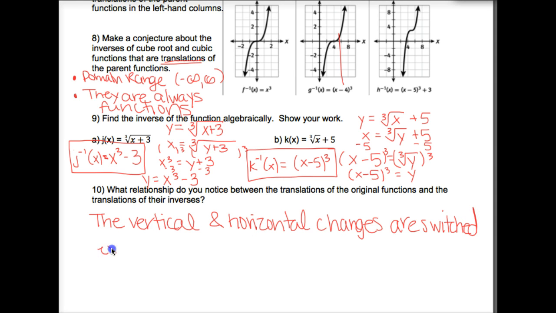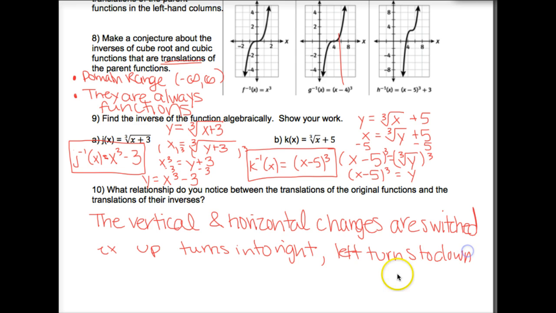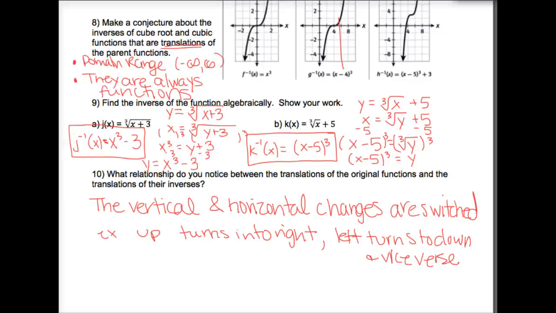Meaning up turns into right, left turns to down, and vice versa. So what was a vertical shift becomes a horizontal shift. What was a horizontal shift becomes a vertical shift. So that's the relationship between those translations.